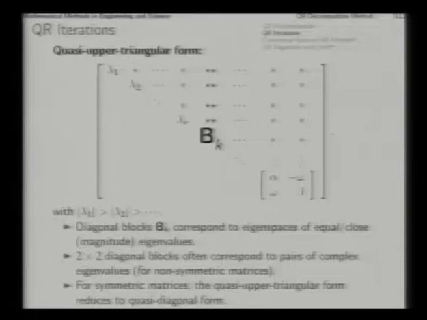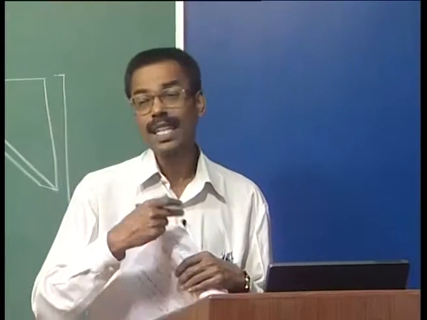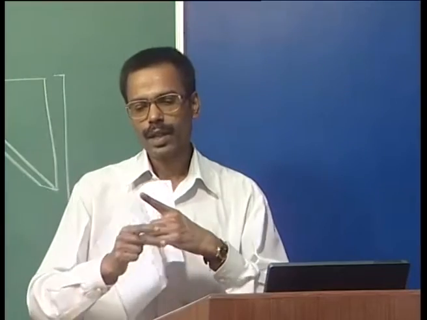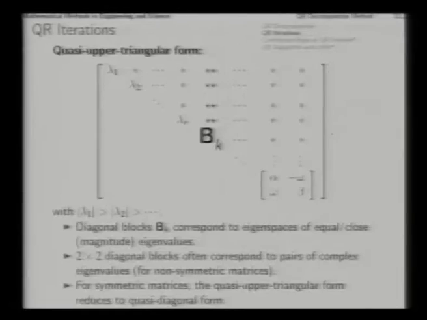Now, such diagonal blocks actually correspond to eigenspaces of eigenvalues which have almost equal or very close magnitudes. The decoupling, the dissociation of subspaces that is behind this arrangement does not work so efficiently in the case of eigenvalues which have extremely close magnitudes.